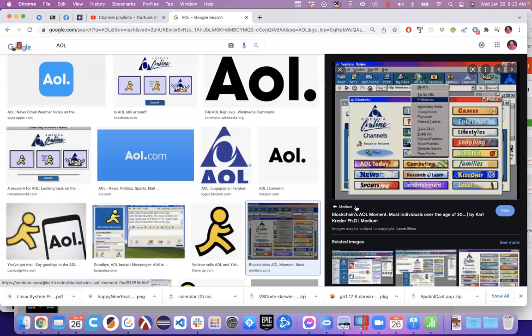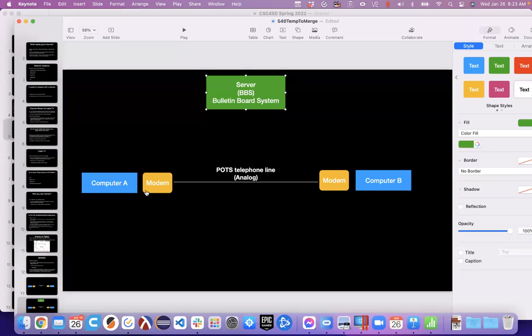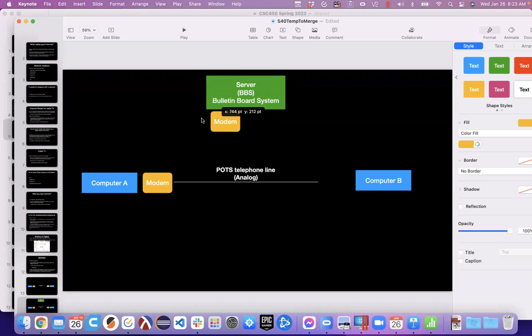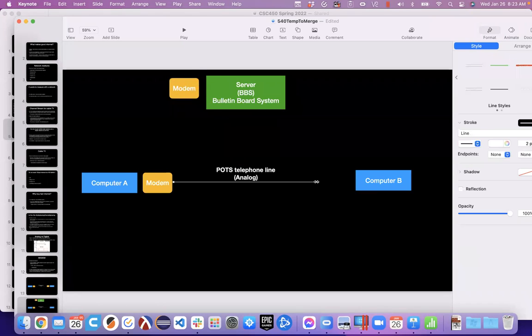So this is a person's home computer connecting to a modem up here. But what they probably had is a bank of modems.